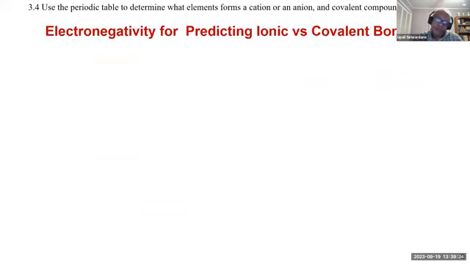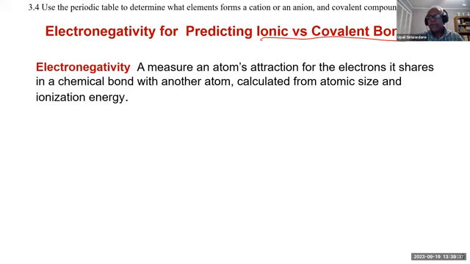Now, we're going to explain a little bit more about how ionic bonds or covalent bonds are formed between two elements. Linus Pauling came up with electronegativity.